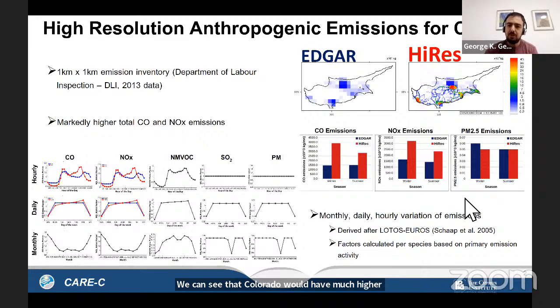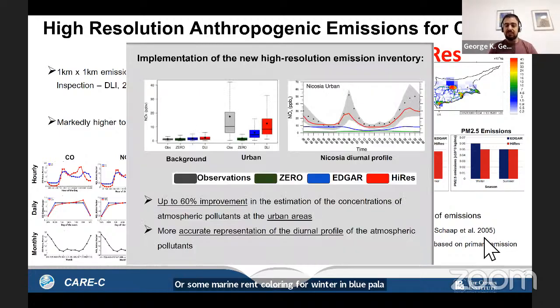Apart from this, we also applied monthly, daily, and hourly emission factors according to the Euro documentation, and these factors are calculated per species based on the primary emission activity in Cyprus. Here we can see, for example, the hourly emission factors for CO for summer in red and for winter in blue.